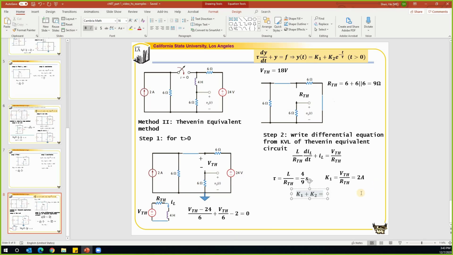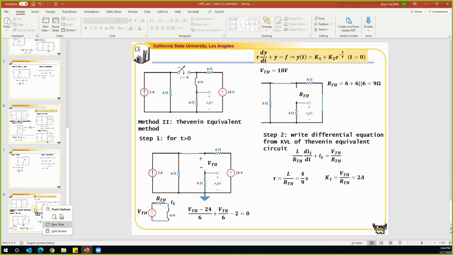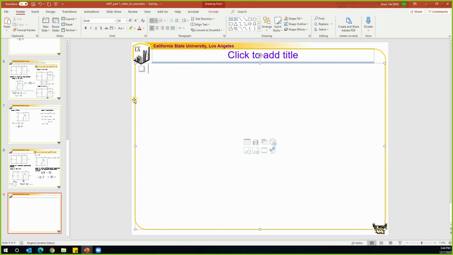We still need to find the initial condition. K1 plus K2 is equal to the initial condition. And we cannot find it from this, because the initial condition is related to the time before 0. So we need to find the initial condition from here. Look at what happens for the circuit before 0. Step 3, we're going to find the initial condition.